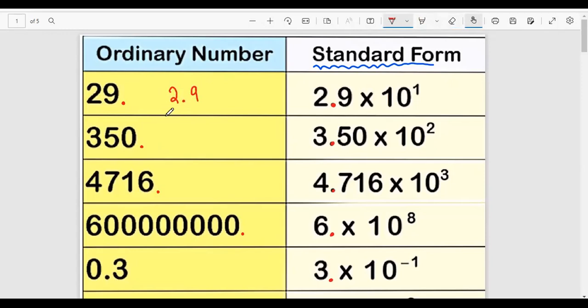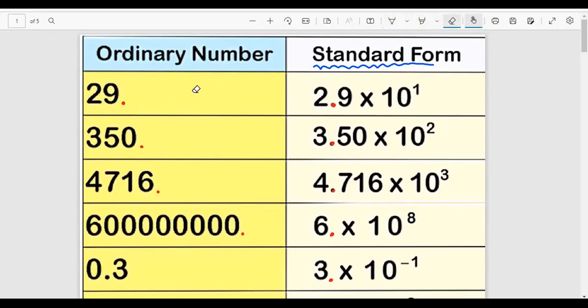I know that mathematically the value of 29 and 2.9 is different. Standard form is just another way of writing down the same number. So I need to multiply 2.9 with something in order to get 29 again. So this is the idea behind it.